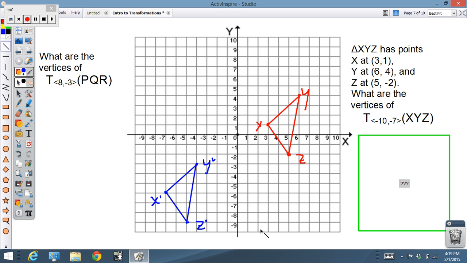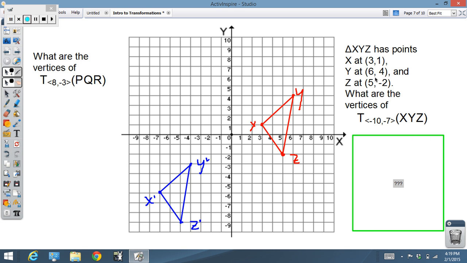Okay, makes sense? All right, now, quick note, remember, we could have just done it by taking 3 minus 10 to find the x-coordinate of X prime, taking 1 minus 7 to find the y-coordinate.